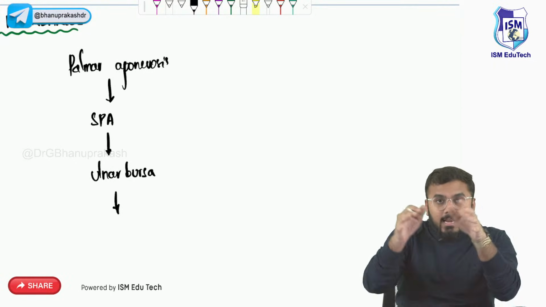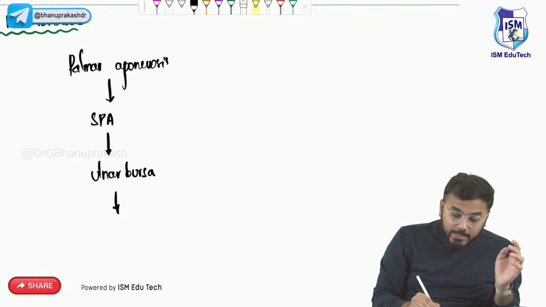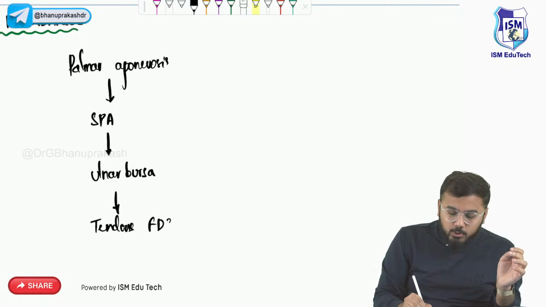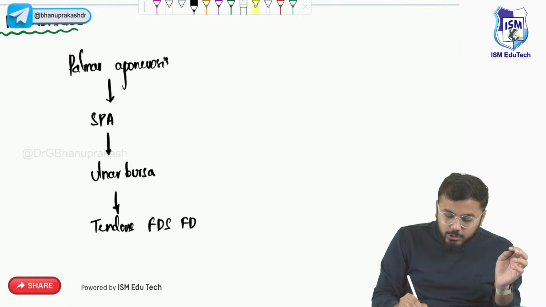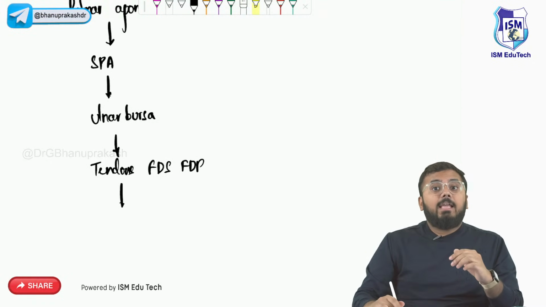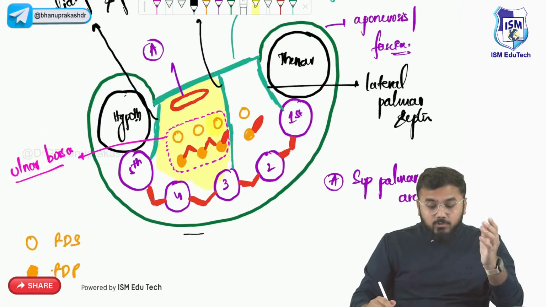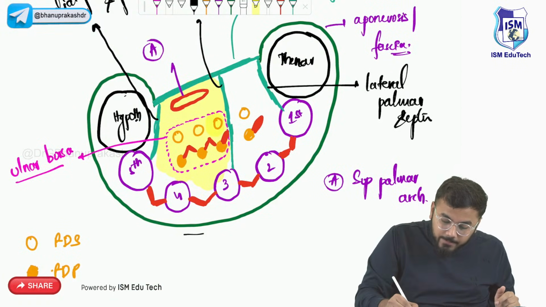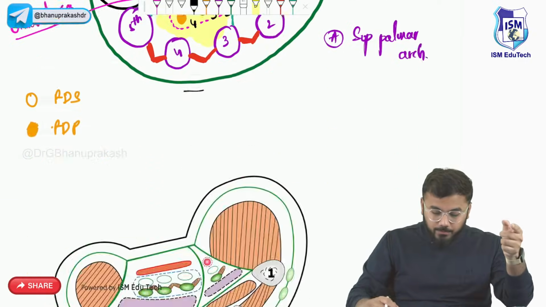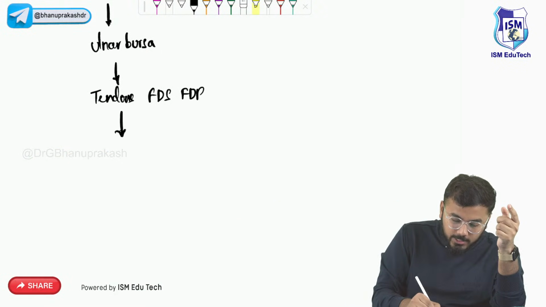And within the ulnar bursa, what is covered? Tendons of flexor digitorum superficialis and flexor digitorum profundus. If I go a little bit deeper, I can find lumbricales. What are the numbers of the lumbricales here? This is 1, this is 2, this is 3, this is 4. I can find lumbricales 2, 3, 4, not 1, 2, 3.